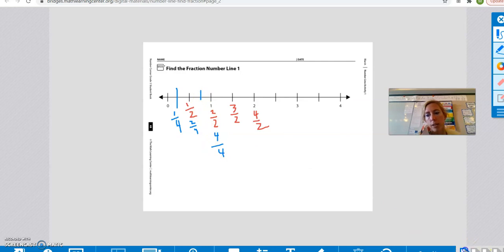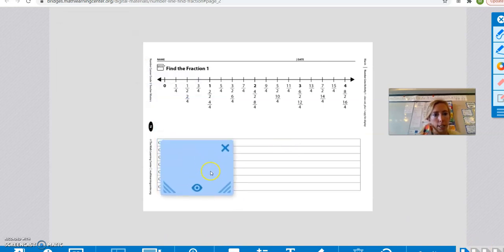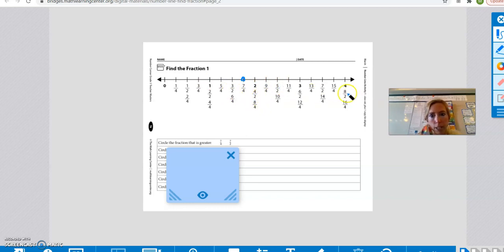And then once we get those all down, now I can ask them some of these questions here. So circle the fraction that is greater, 7/4 or 7 halves. So now we look and we find 7/4 and we find 7 halves. And 7 halves, where is 7 halves? I have 8 halves over here.